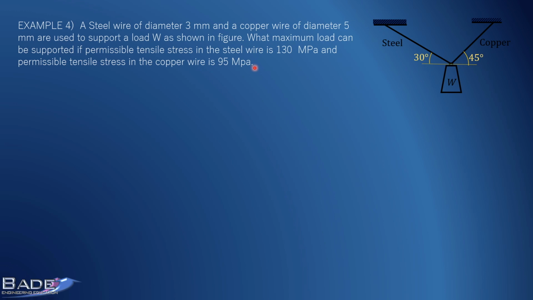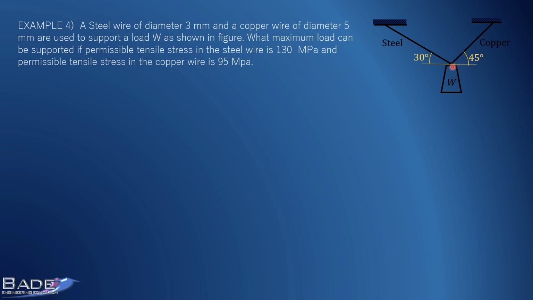So we are going to find a value of load W that creates stress 130 megapascal. That is of course safe load for steel, but it may not be safe for copper if the same load creates stress more than 95 megapascal in copper.